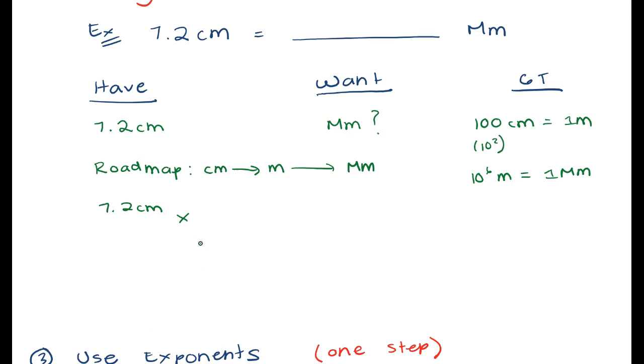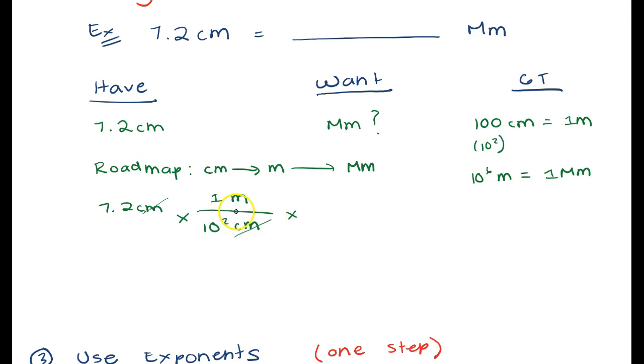So I have 10 to the 2 centimeters for every 1 meter. Follow my roadmap. Now I'm going to go to megameters. If I look at what I cross-canceled, I already got rid of centimeters.